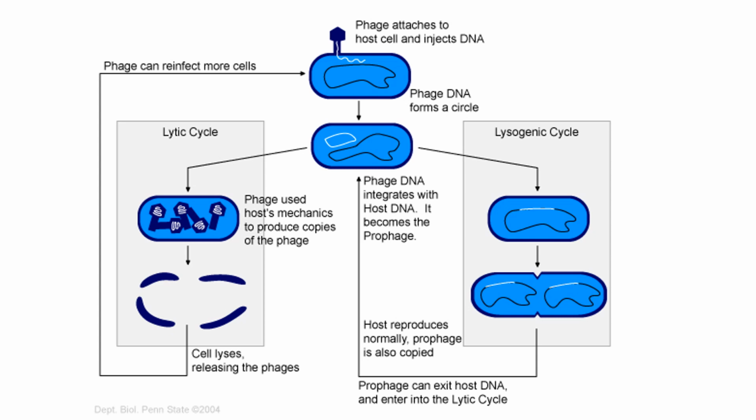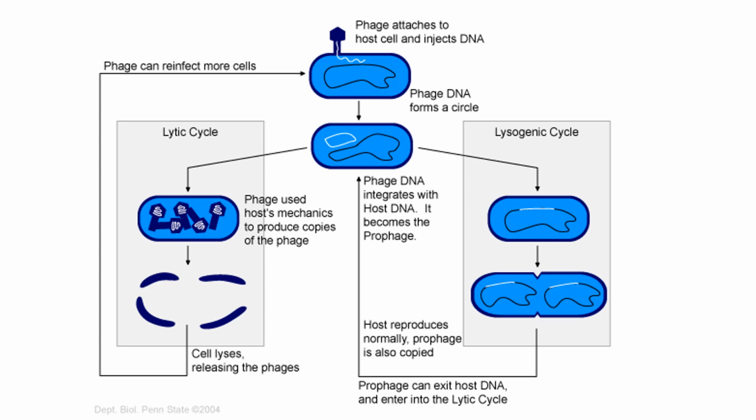What can happen at the end of this is that the prophage, because now it is called the prophage, is not viral or pathogenic, it is part of the bacterial chromosome, so it's called prophage. It can exit the host DNA at a certain point, right, and enter the lytic cycle, which means it is a separate phage DNA again.